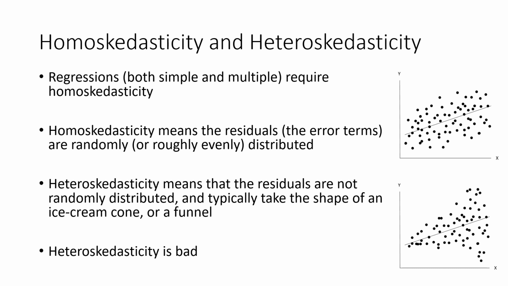And I think all that you really need to know about this concept is that homoskedasticity is a good thing, heteroskedasticity is a bad thing, and you want to make sure as best as possible that each of your variables are homoskedastically related to your outcome.